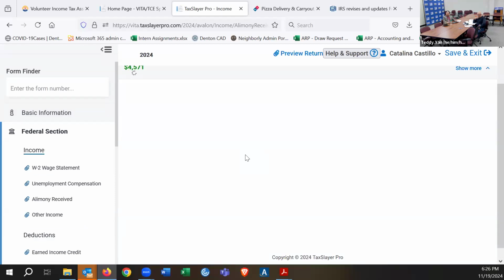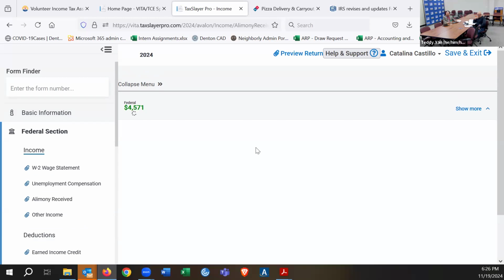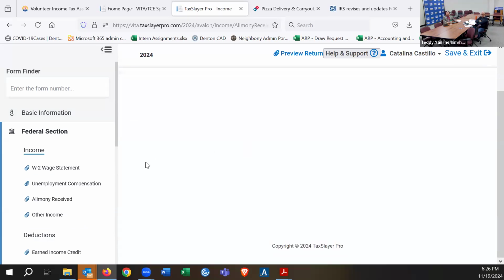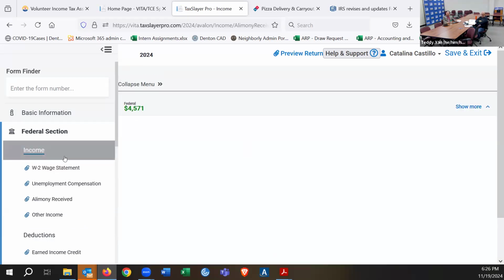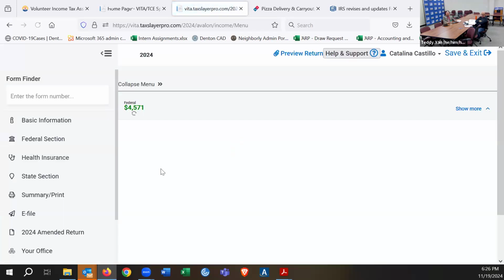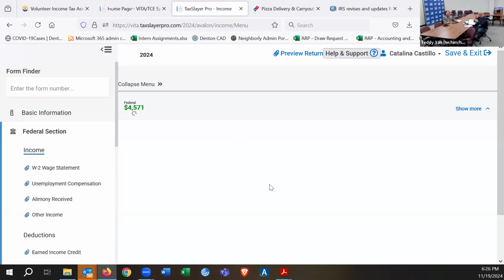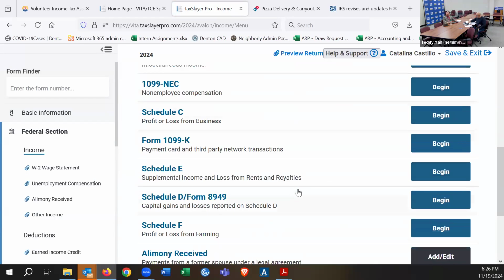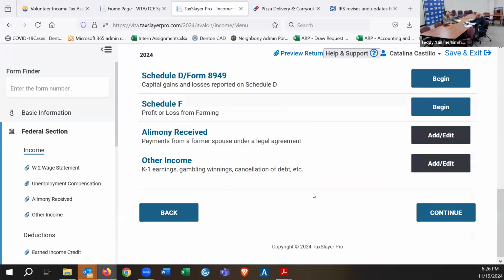And I know we're in the test environment. Okay, so it looks like TaxSlayer Pro has not quite fixed all of its menu items. But under income, if we need to enter alimony, then we'll need to enter alimony.